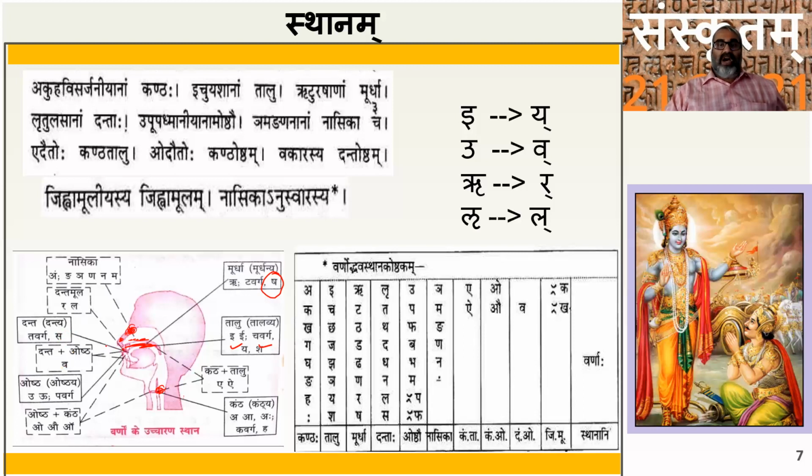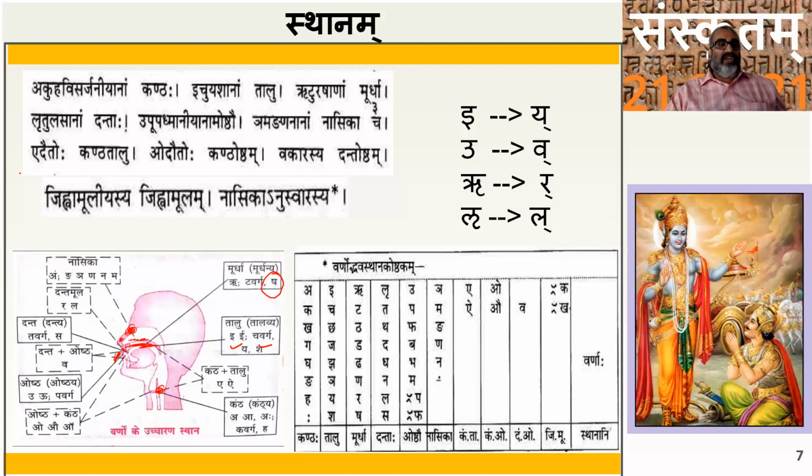Upu padmaniyanam oshtau. Oshtau is the lip. So u, and the pavargam: pa, pha, ba, bha, ma. Similarly we have nyamangananam, which we have already seen, and ed aitoho kantatalu.